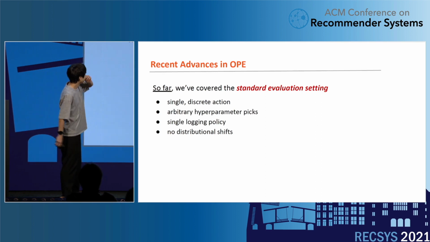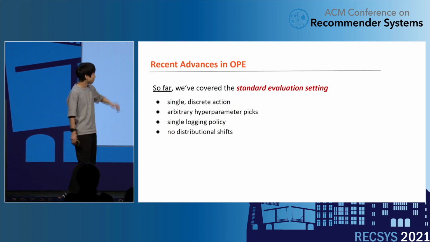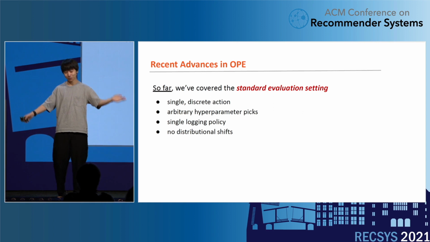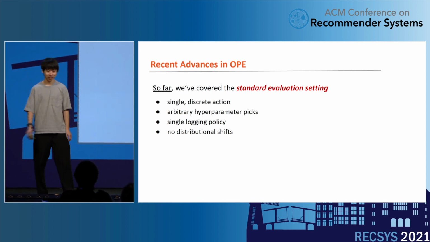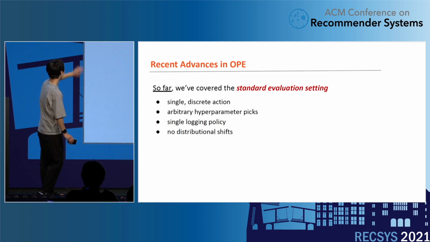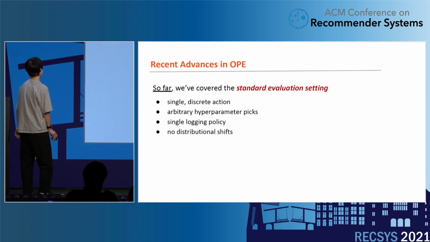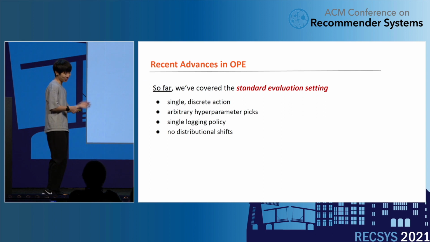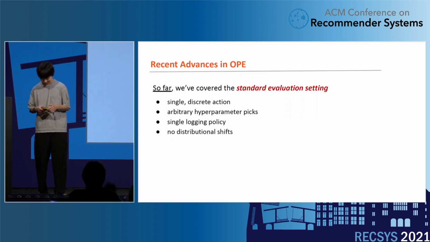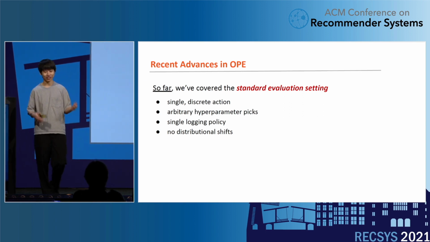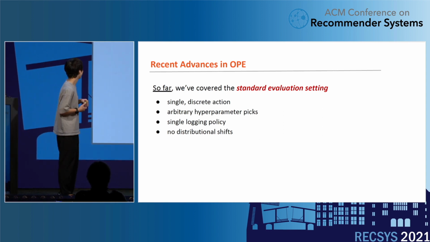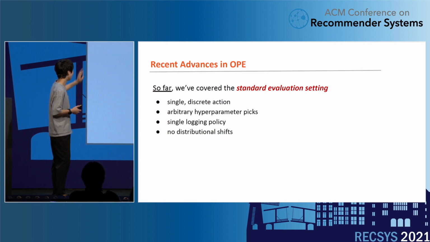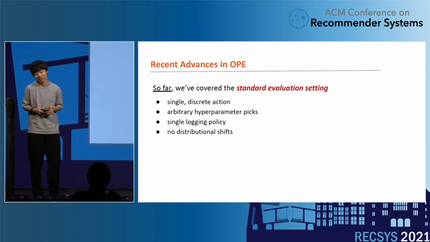So far we've seen the standard evaluation setting, so there are some implicit, simplistic, neglected assumptions there. There was only a single discrete action. And in some simulation studies, the hyperparameters were already arbitrarily chosen by me. And there was only a single logging policy and no distributional shifts in the environment.